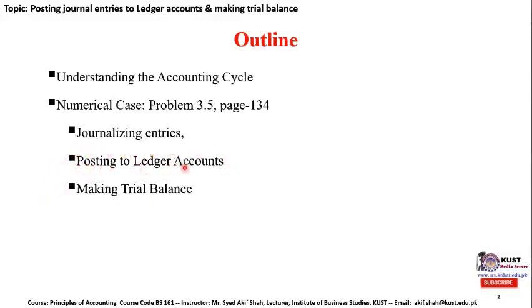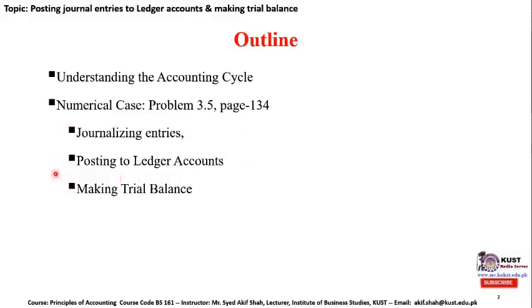From step number 2, the final balances of the ledger accounts shall be taken and carried forward to the next step, which is step number 3, to make a trial balance, so that we can make sure that we have done our journal entries and then posting into the ledger account in a correct way, or whether we have committed any mistake while journalizing those entries in the previous 2 steps.